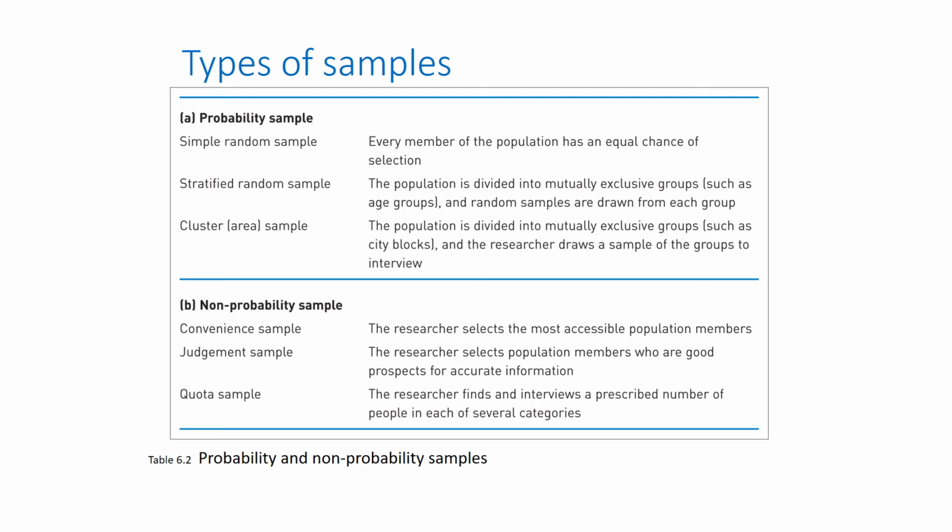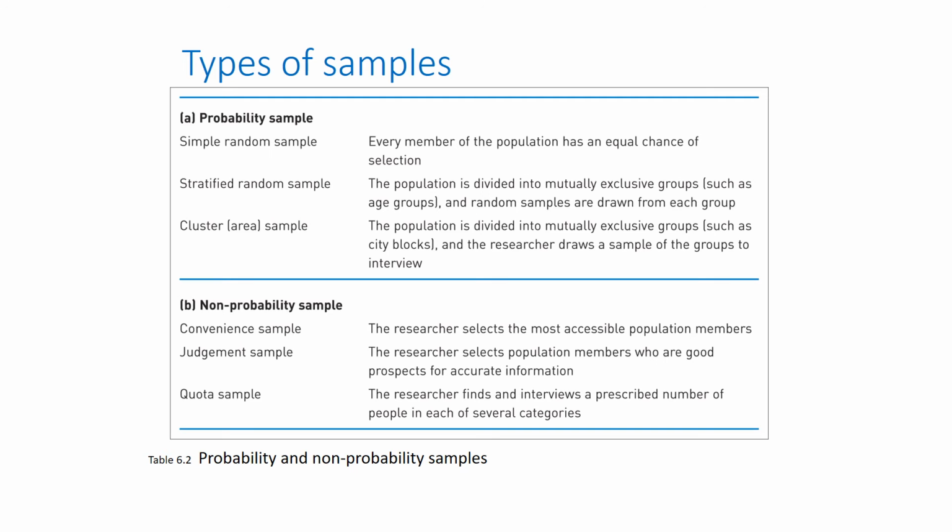You have types of samples. Again, you have a probability sample and a non-probability sample. So types of samples for probability sampling include simple random samples, stratified random samples, and cluster area samples. So a simple random sample, every member of the population has an equal chance of selection.